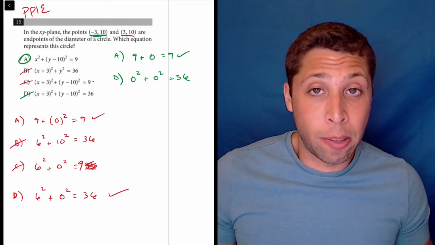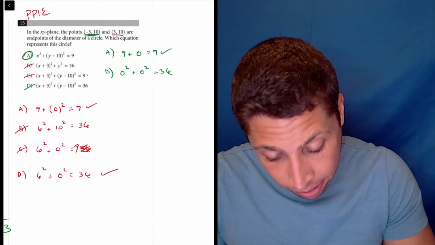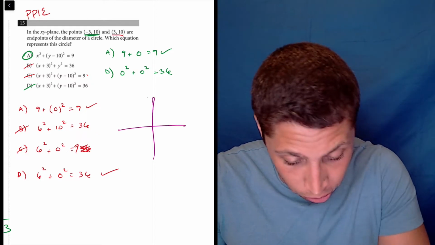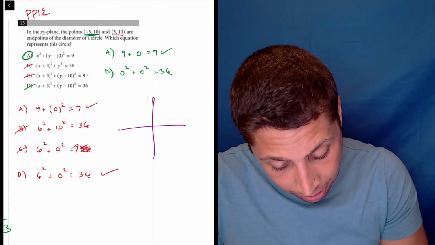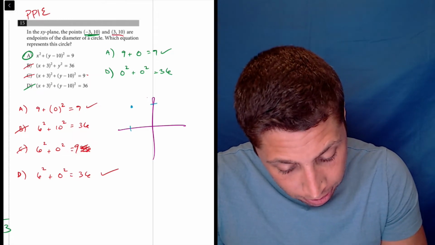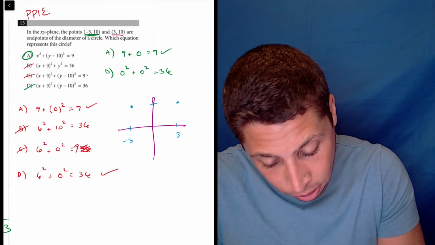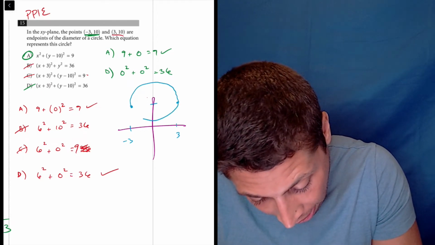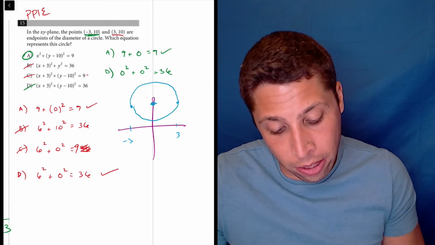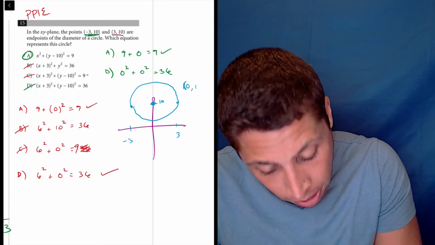And there are ways to get this by understanding the circle in another way. You can kind of draw it maybe and say, okay, I've got a circle with endpoints at -3, 10, that's up here, and +3, 10. And so the center kind of has to be right in between, which is the point 0, 10.